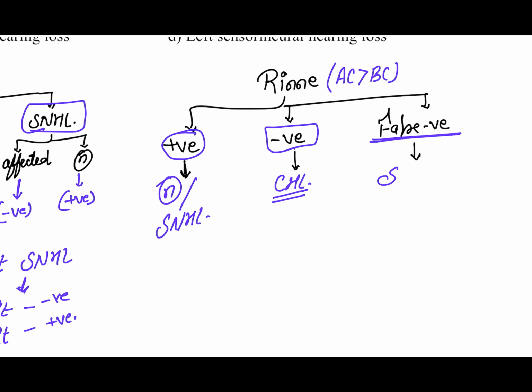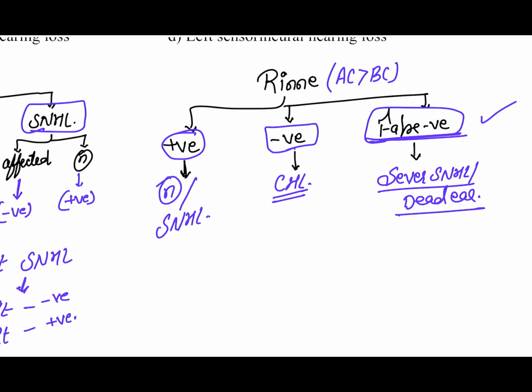False negativity occurs when a person has very severe SNHL or a dead ear, meaning the side of the ear having very severe SNHL will be negative. So that's why it is a false negative. On the same side the ear is not able to hear anything, or not able to perceive anything, so Weber will lateralize, or Rinne will be positive on the other side.